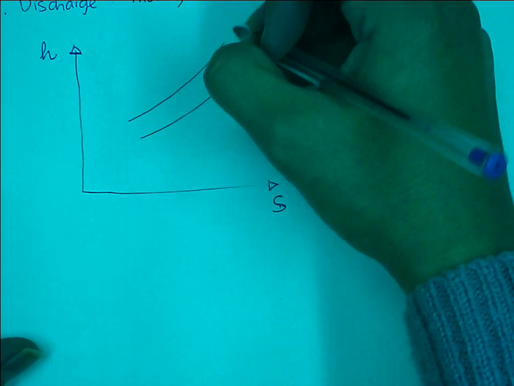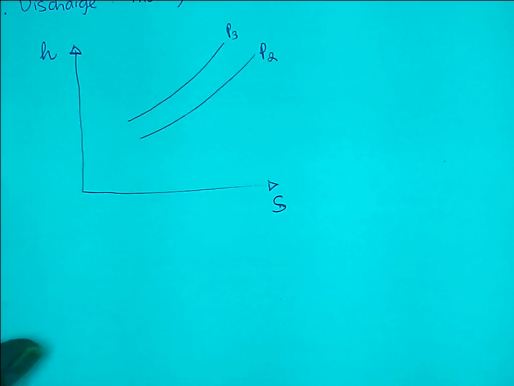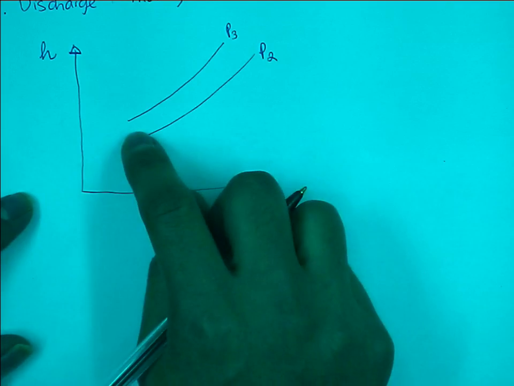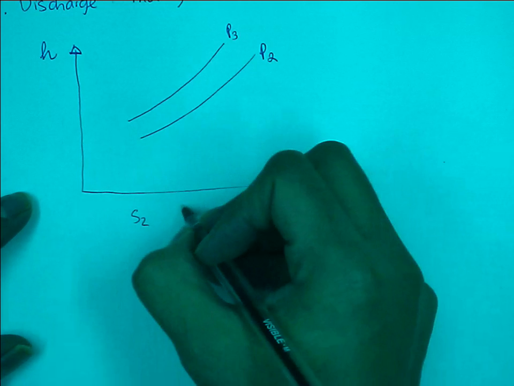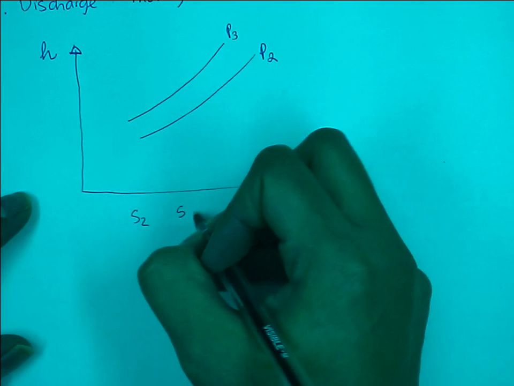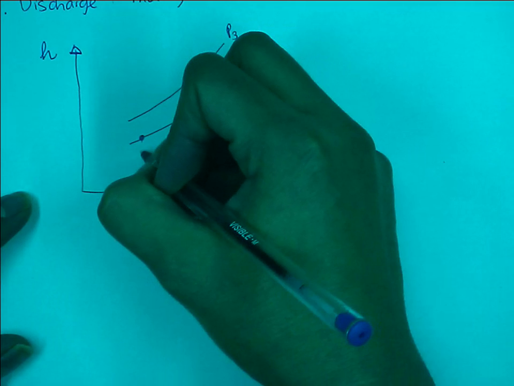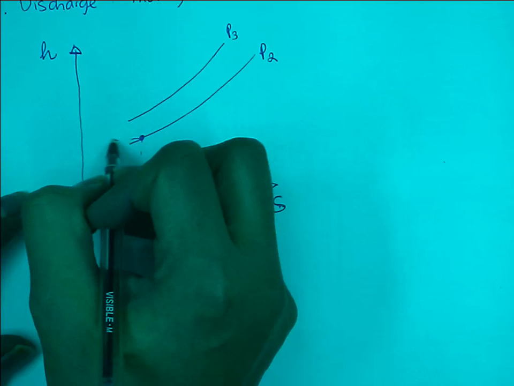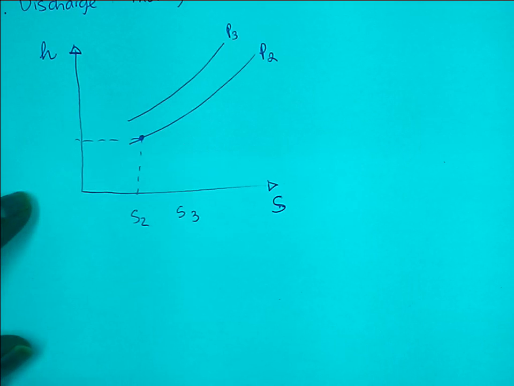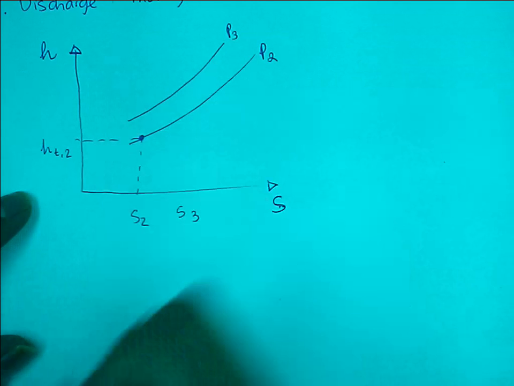So you want to compress the gas from pressure 2 to pressure 3. You have a certain entropy and a certain enthalpy for the inlet conditions. This is the inlet condition of the fluid going through the system.